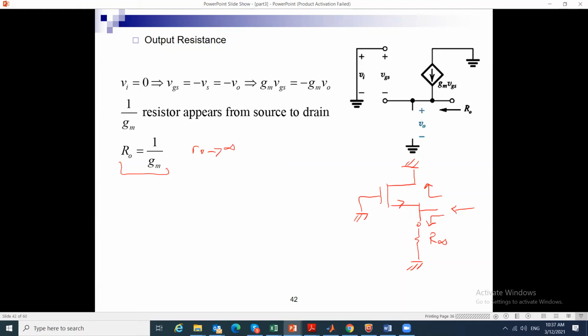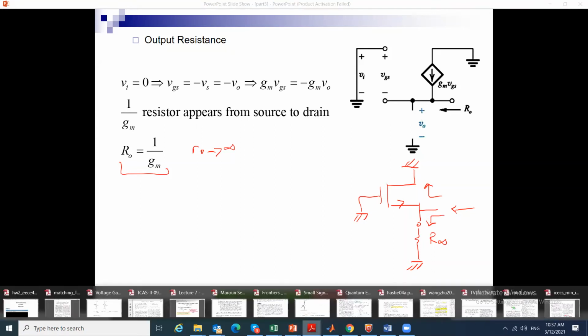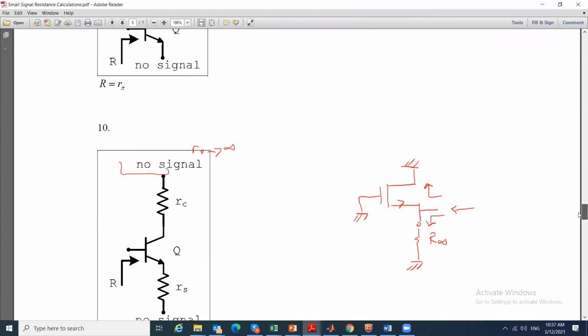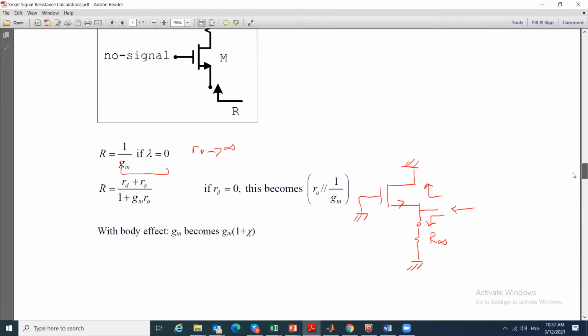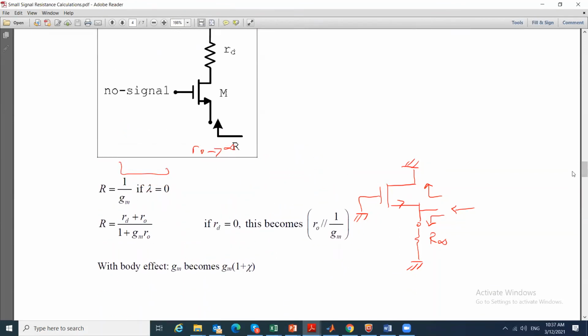Let me take you here to the resistor sheet for the MOSFET that we just went over. Looking up in the MOSFET, with resistor RD equal to 0 and RO tending to infinity, I will see 1 over gm, which is this equation here, independent of RD.